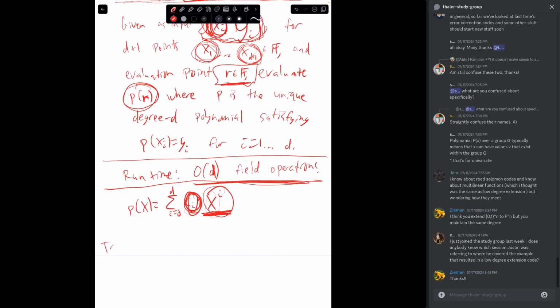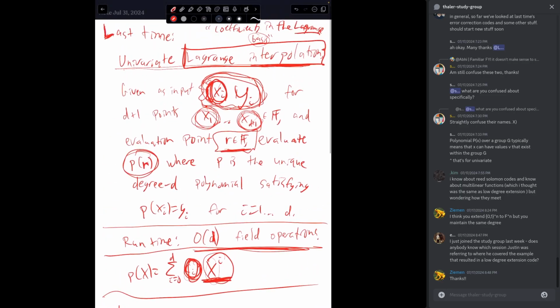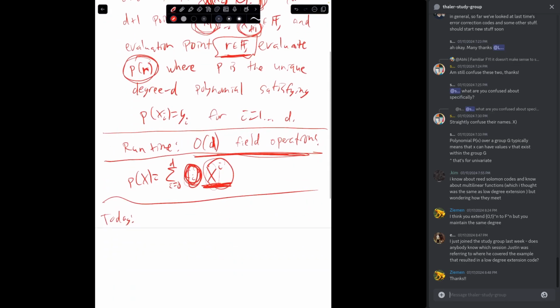Today, my main goal is to cover the exact analog of Lagrange interpolation, but not for univariate polynomials, rather for what are called multilinear polynomials. I will briefly remind you what multilinear polynomials are, and then we'll discuss Lagrange interpolation for them.